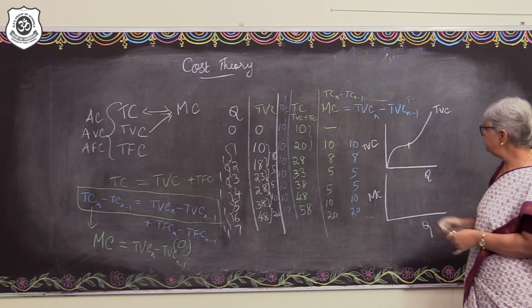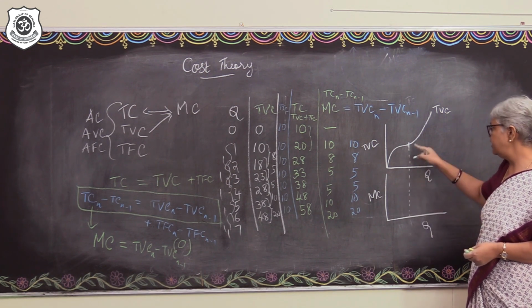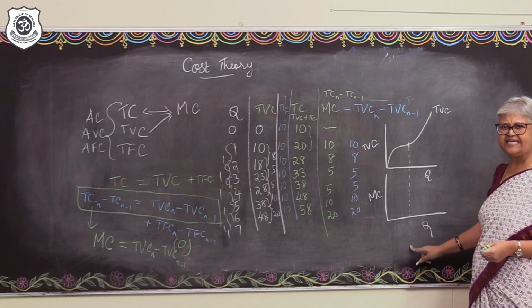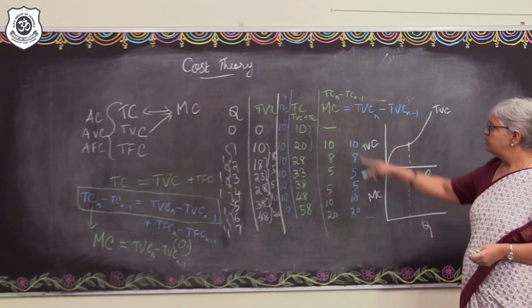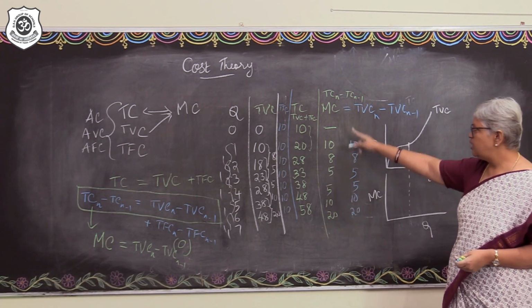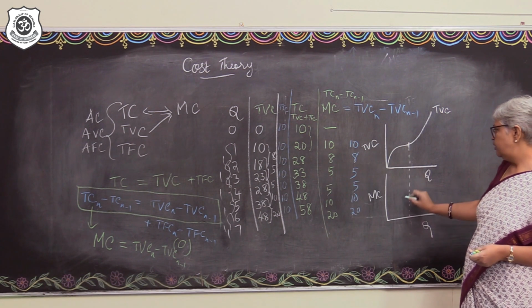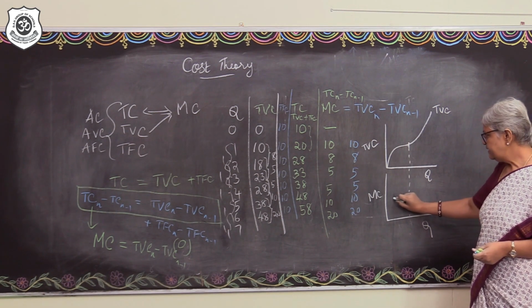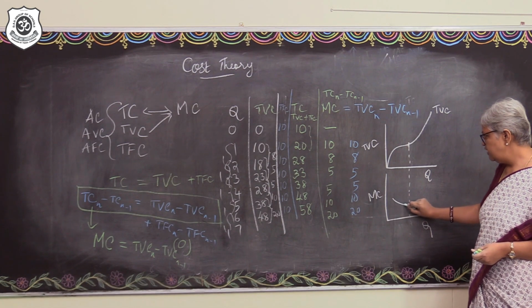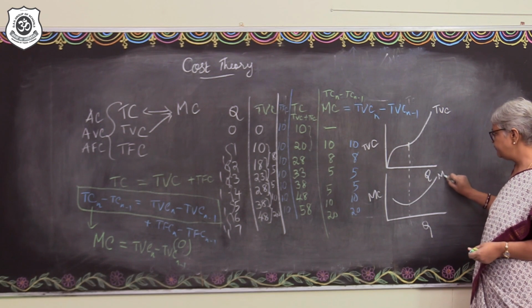Yes. So, I am going to bring down a vertical, okay, from this point of inflection to the second panel out here, right? And if you plot the marginal cost, and if you are going to draw the marginal cost curve, you will understand that marginal cost initially falls, becomes constant, and then it starts increasing.